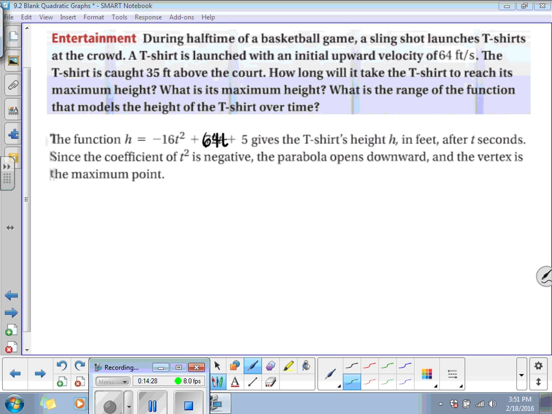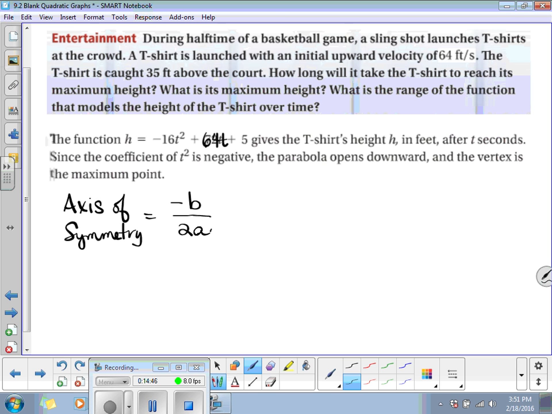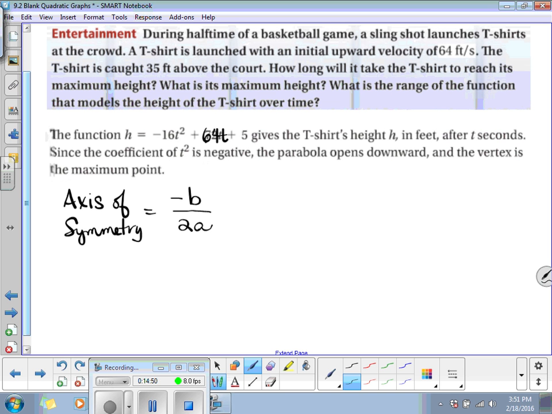The first step is to find your axis of symmetry. And we'll use our formula, negative b over 2a. Now, from our equation, you can see what's our a and what's our b.